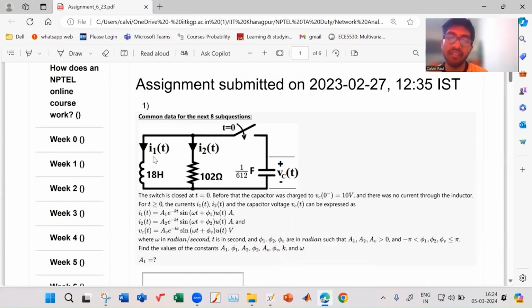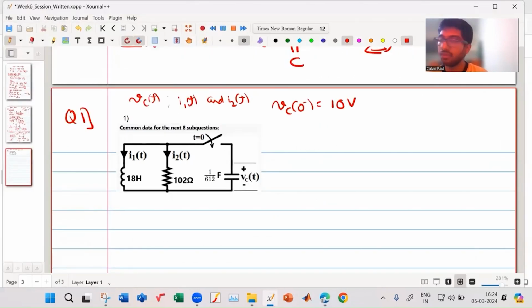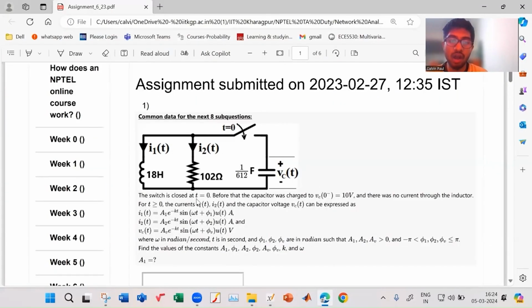That means I1 of 0 minus is equal to 0 ampere. Now for time t greater than or equal to 0, we have to find the currents I1 of t, I2 of t, and the capacitor voltage VC of t, their expressions in terms of some e raised to power k into sine.